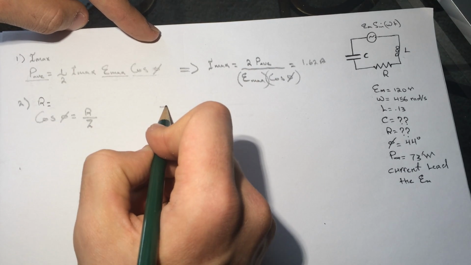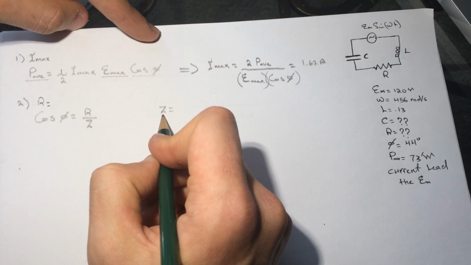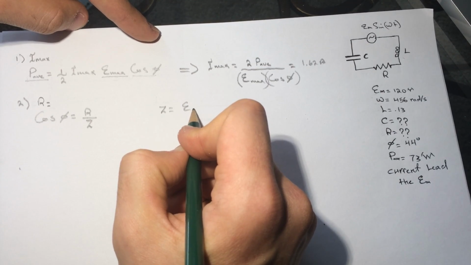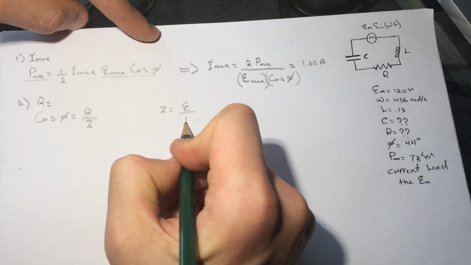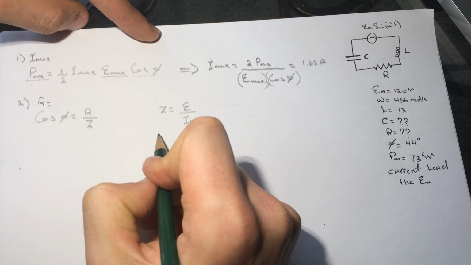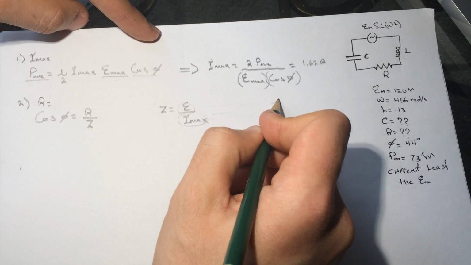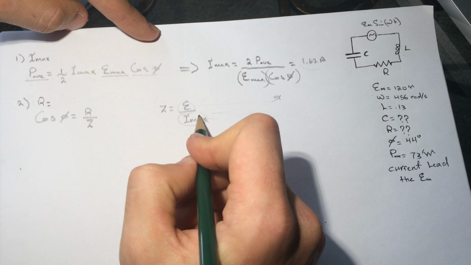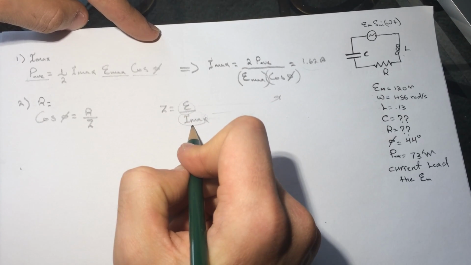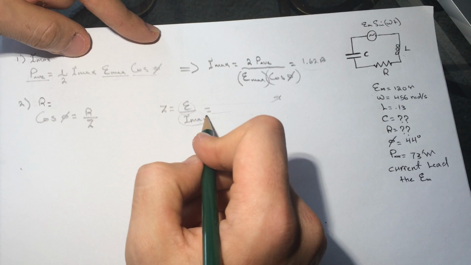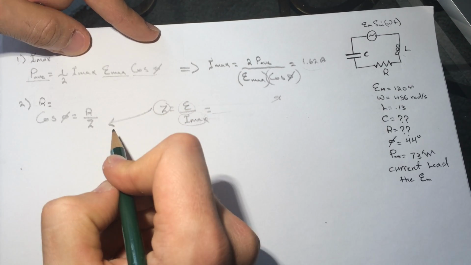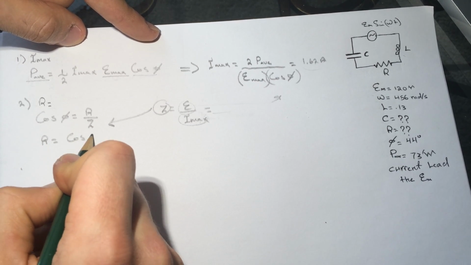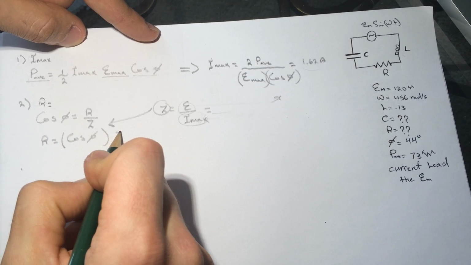The Z is the impedance of the circuit, so just divide the voltage of the generator by the I max. We got the I max from the previous answer, so divide the voltage of the generator by the I max, and we get the Z. And then the value of Z, plug it in back here. So the R is cosine phi times Z.